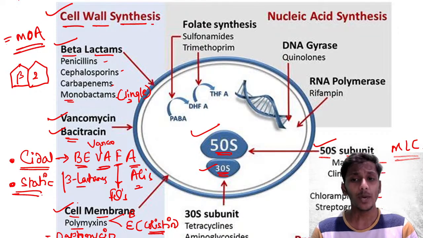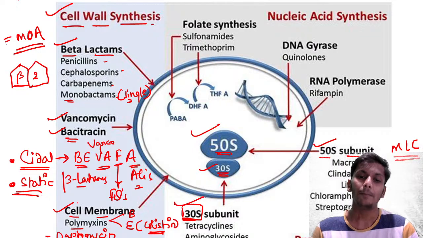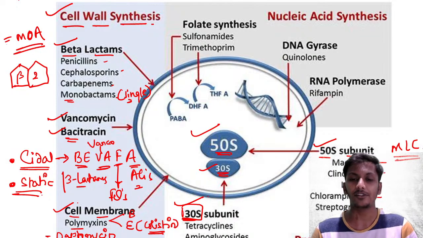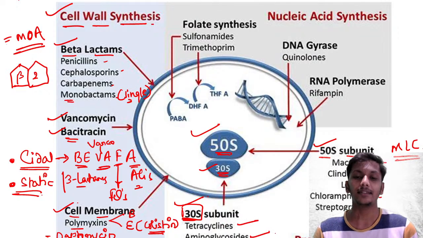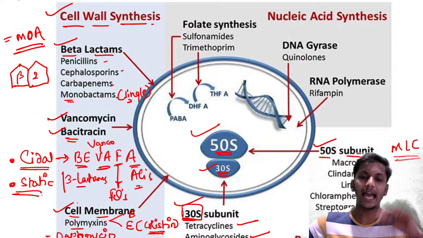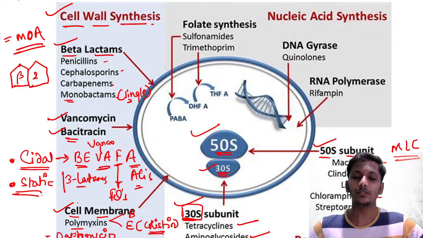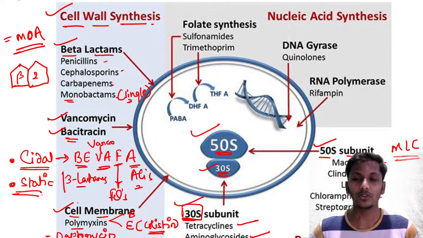Important. Whereas there are some other drugs which bind to the 30S subunit of the bacterial ribosome, and these are your tetracyclines and aminoglycosides. So protein synthesis inhibitors are divided into 50S binding and 30S binding ones. 30S binding ones are tetracyclines and aminoglycosides, whereas 50S binding ones are MLCs.